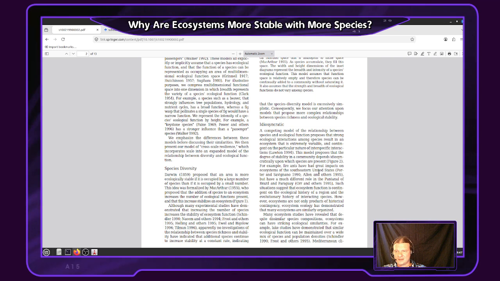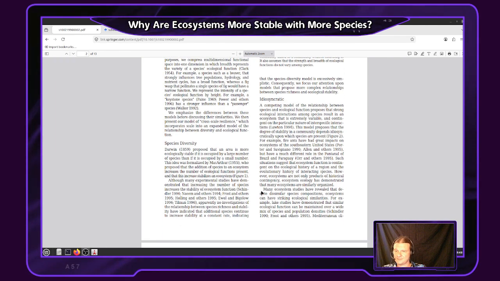On the other hand, when they became introduced to the United States, they started doing a lot of damage in terms of reducing biodiversity. So we have here a potential difference in the impact of a species on ecosystem stability, depending on how it interacts with the other species in that ecosystem.